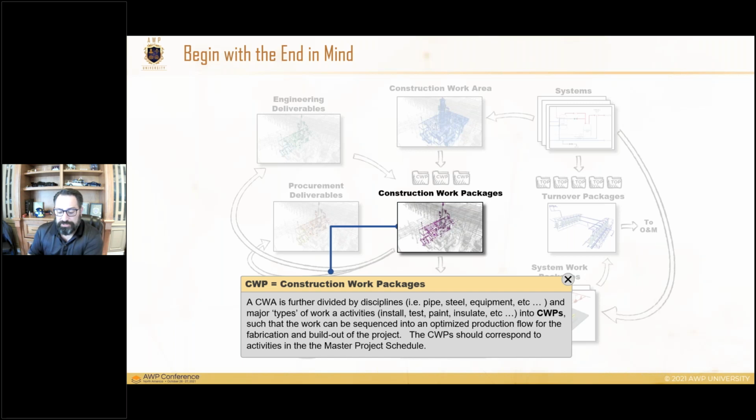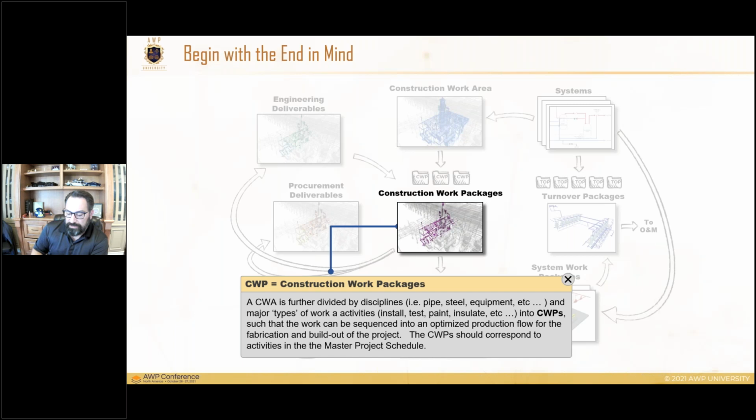Level 2 schedule is the CWAs that we just talked about moments ago, so those construction work areas, which one's first and what the basic duration in each one of those construction work areas is. When we get to construction work packages, that is now our level 3 schedule.